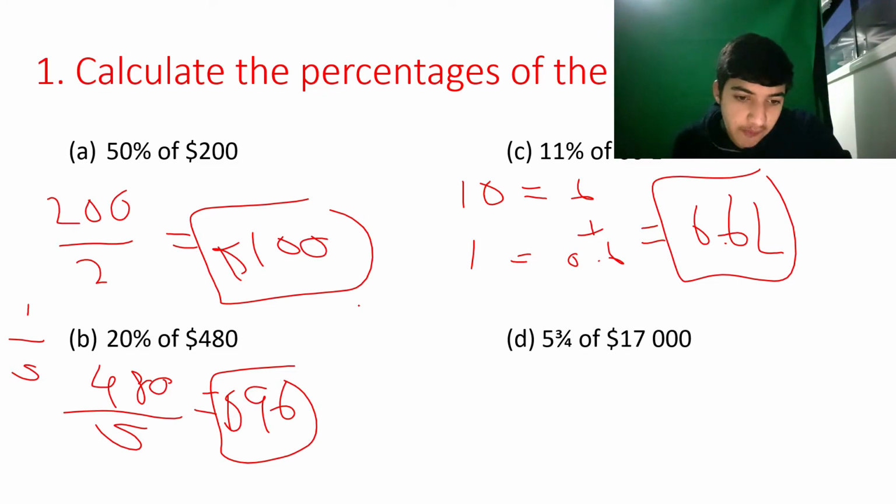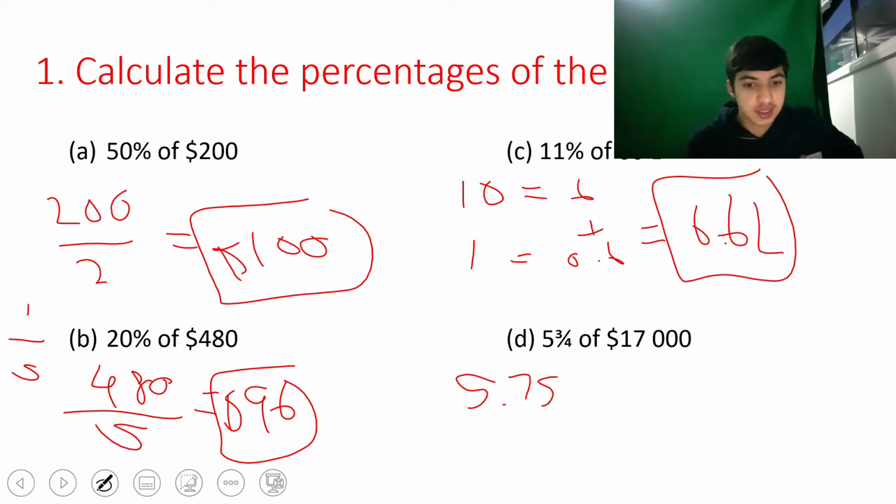So it would be 5.75. That would be the answer, because what's 3 over 4? 75. So you put that as a decimal, 0.75, and that is our percentage right here, and we have to find 17k.